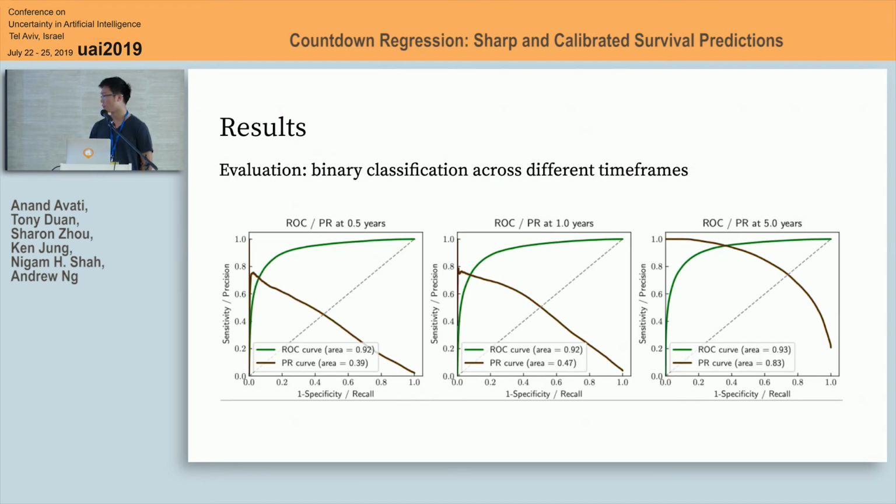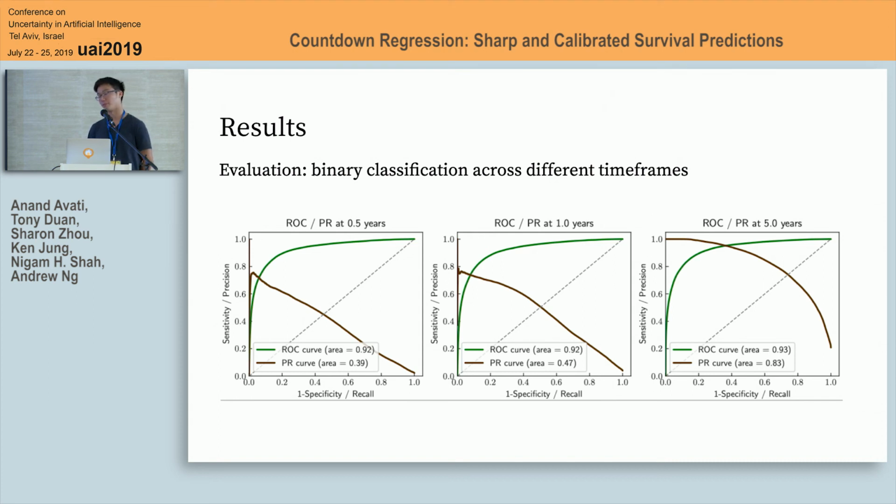And just to show one more motivating figure, here is how well we do when we evaluate as binary classification. Part of the motivation for framing this as a survival problem is to be able to account for the most recent observations in the data set.